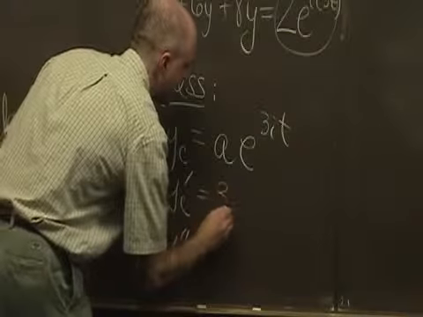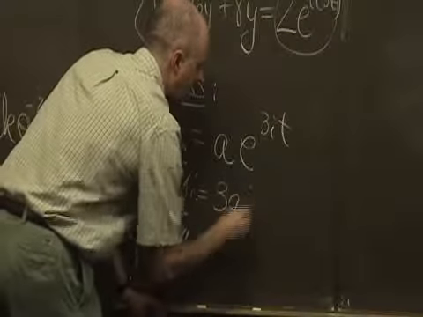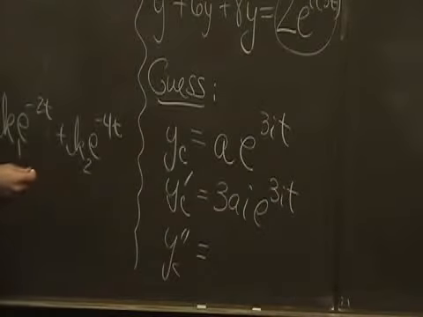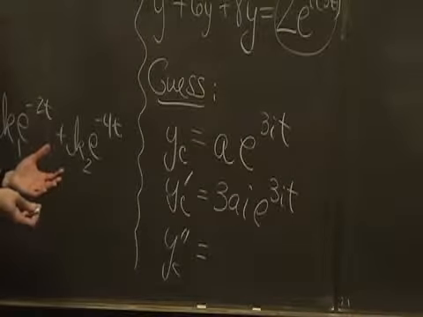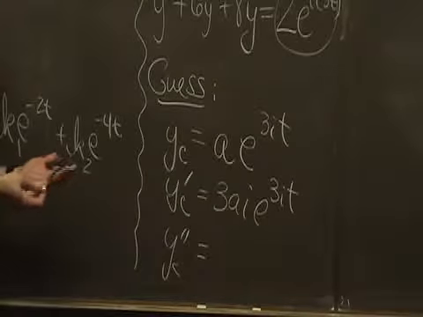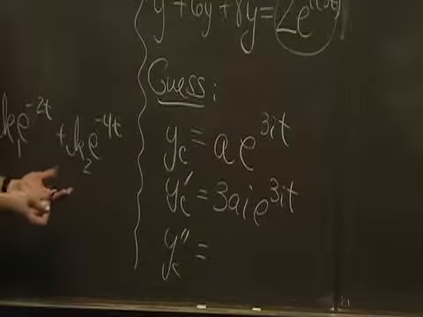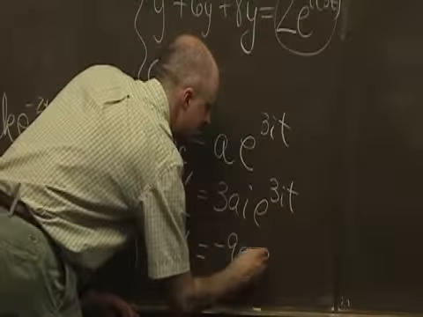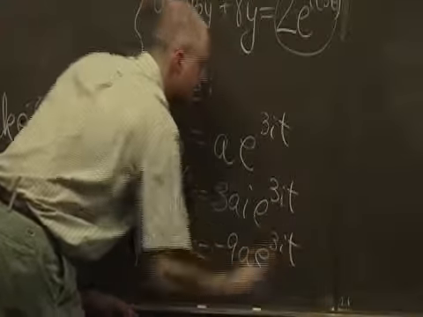So we get 3ai e to the 3it for the first derivative. The second derivative, I'm going to get another factor of 3i, giving me 9i squared a. i squared converts to negative 1. So that just becomes negative 9a e to the 3it.